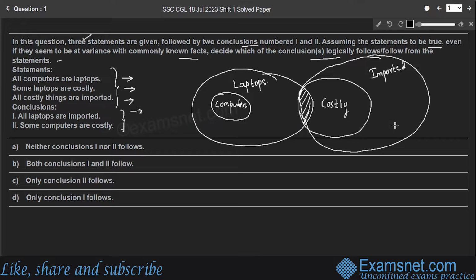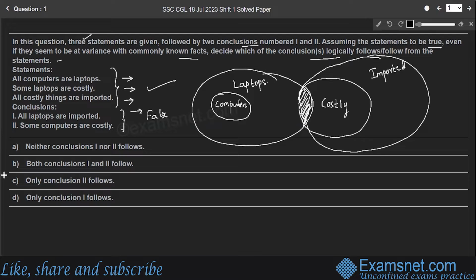Conclusion 1 says all laptops are imported, which is not true, a false conclusion, because only some portion of imported, which is a portion of costly, is also a portion of laptops, according to the second statement.